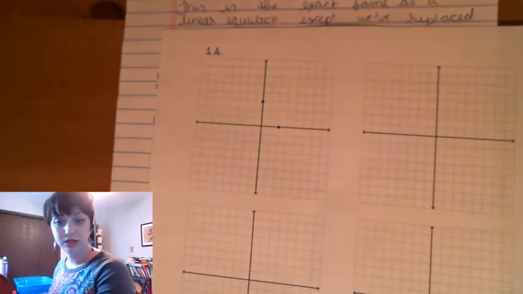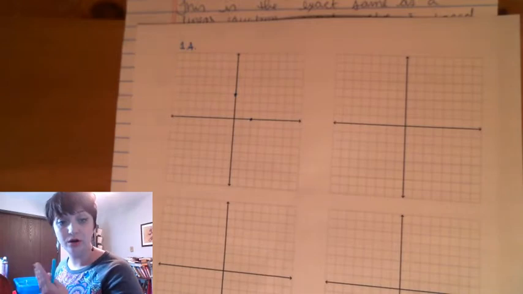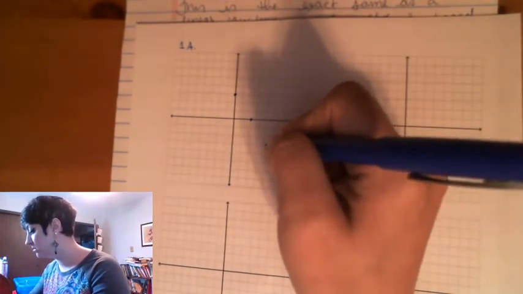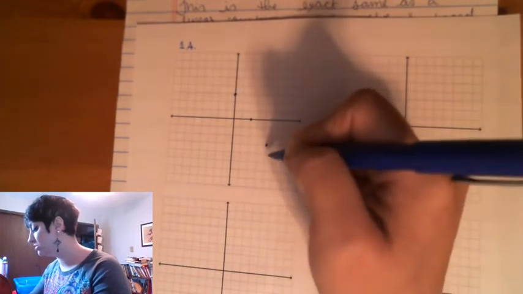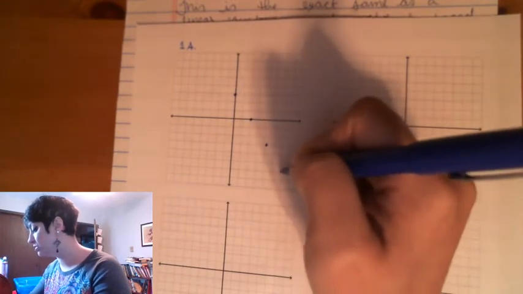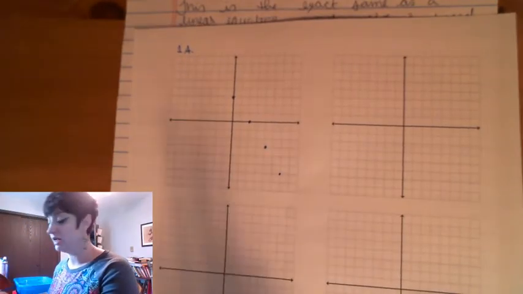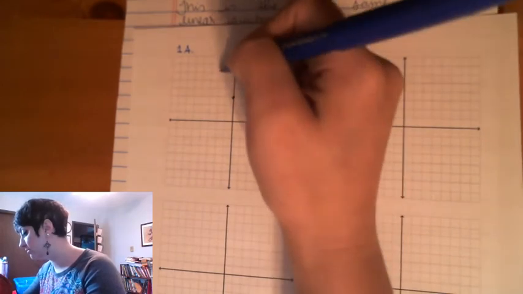If I were doing this by hand, which you guys do have to do for your exam, I would go ahead and fill this in all the way. So down 1, 2, 3, right 1, 2, down 1, 2, 3, right 1, 2. And I can also move up and left. So up 1, 2, 3, left 1, 2.